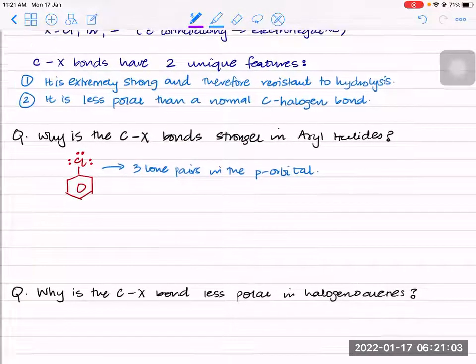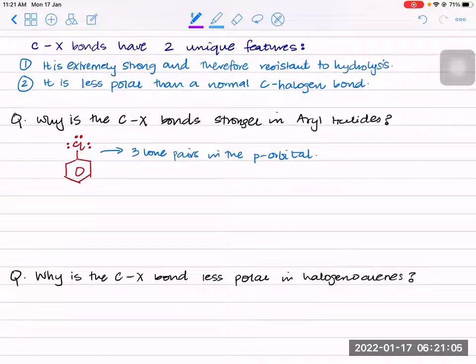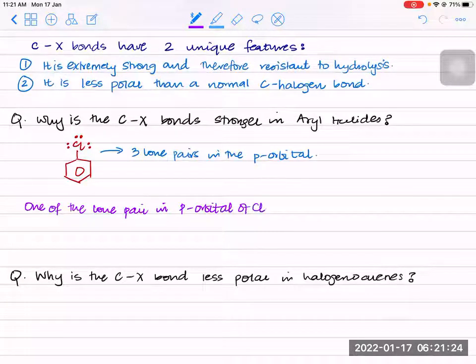Now, let's see what happens. In the p orbital of chlorine, one of the lone pairs overlaps with the pi ring.